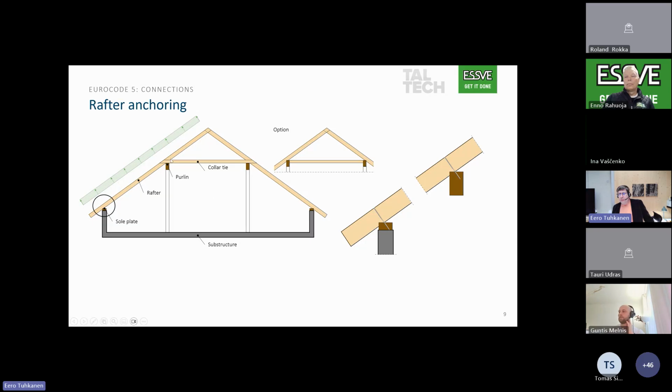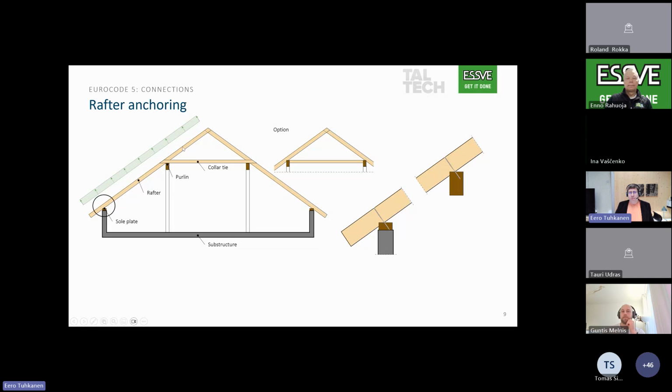But here you have to pay attention to two things. When you have a purlin which goes through the building, the purlin is supported by columns usually, or some internal walls. And when the purlin is supported by the column or wall, then the support for the rafter does not deform.